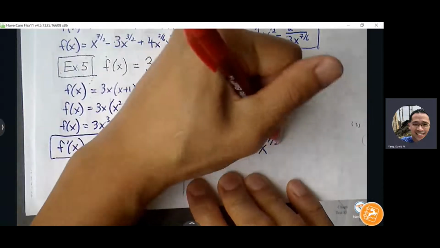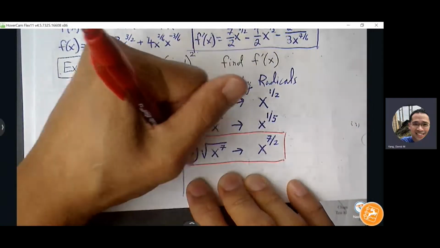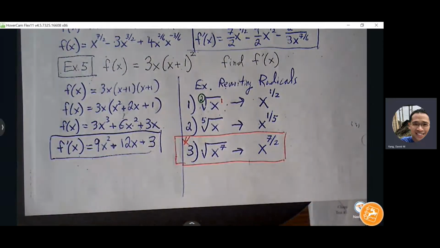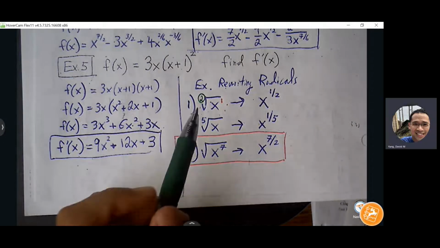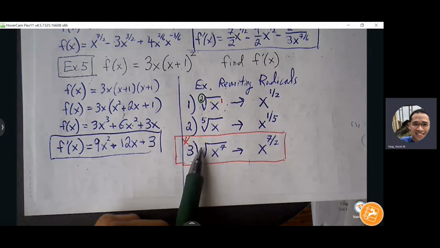This is the one that a lot of students miss, with good reason. It's easy to miss this one because it's just harder. It's just easier to get thrown off by something like this. Now, the 7 is the number on the right, and there's a hidden 2 there.